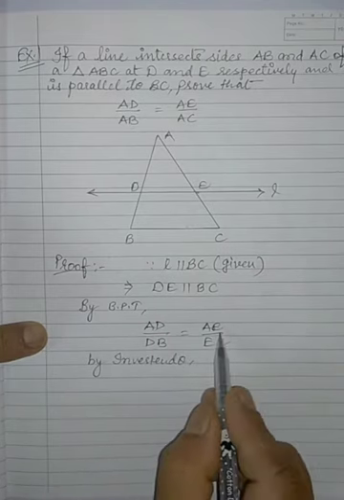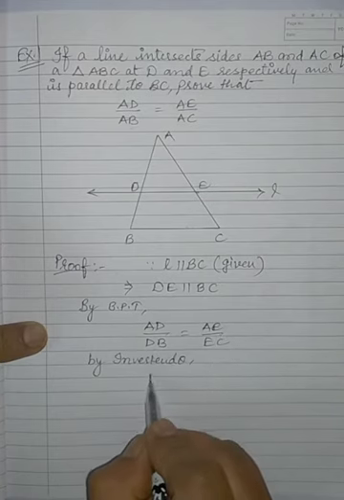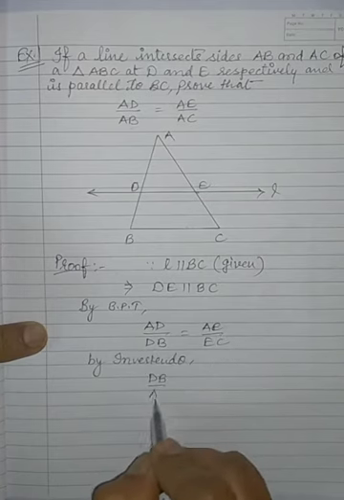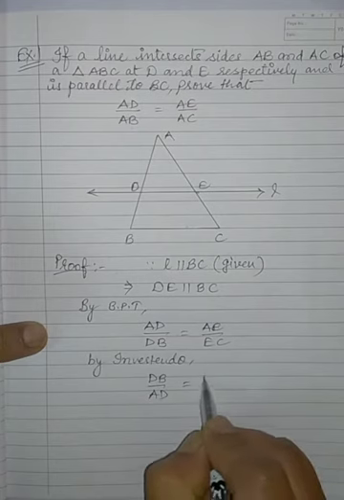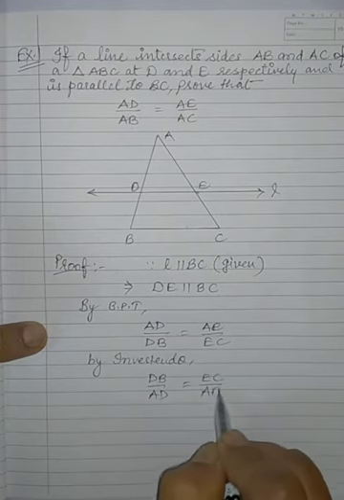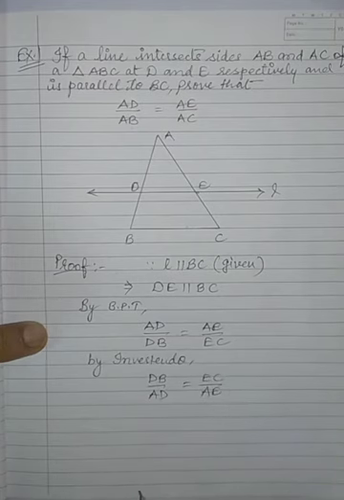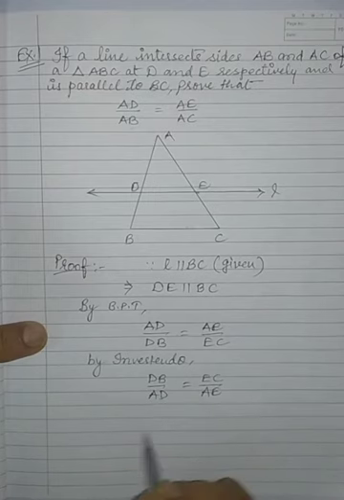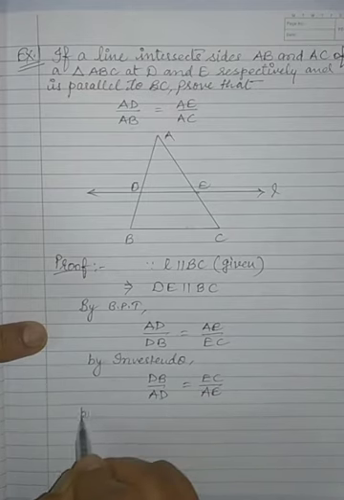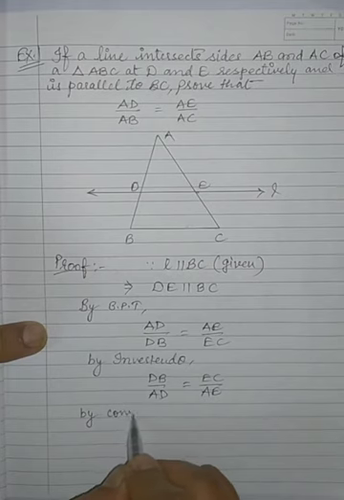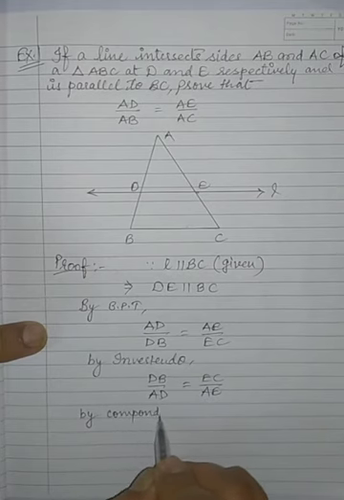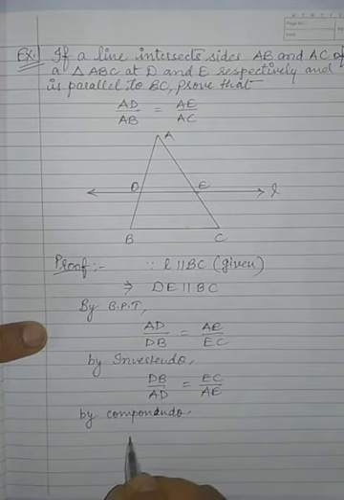Now why I am doing this, you will see in the next steps. If we apply invertendo to this relation, then DB upon AD is equal to EC upon AE. Okay. And now we will apply componendo, which means adding 1 both sides.